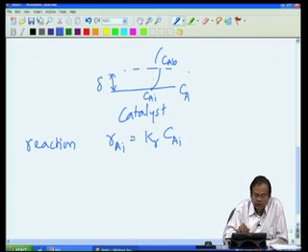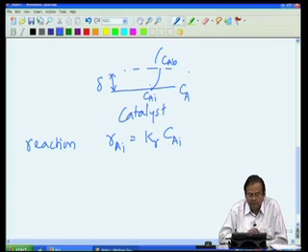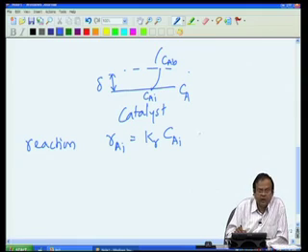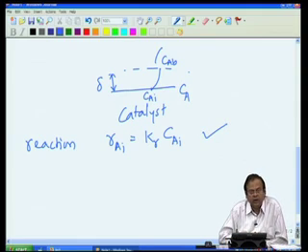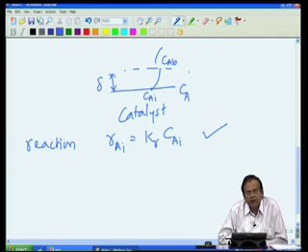Now, let us see what happens to the mass in this boundary layer. This is the rate at which reaction is taking place, but there is also a rate at which material, or A, is coming to the surface, and that is because of diffusion, external diffusion as we call it.